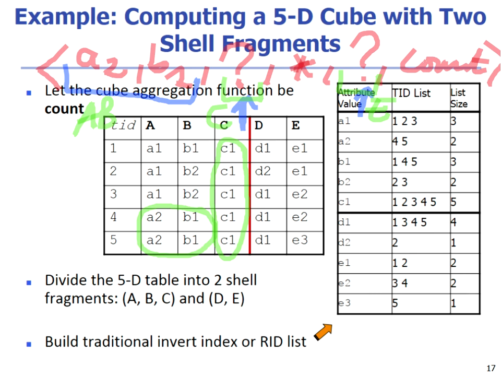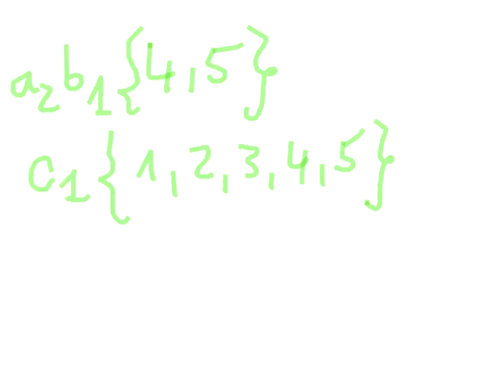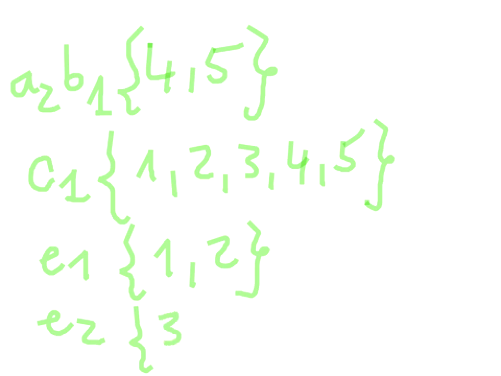For E, 3 possible values: E1, E2, and E3. So E1 is in 1 and 2, E2 in 3 and 4, and E3 only in 5.